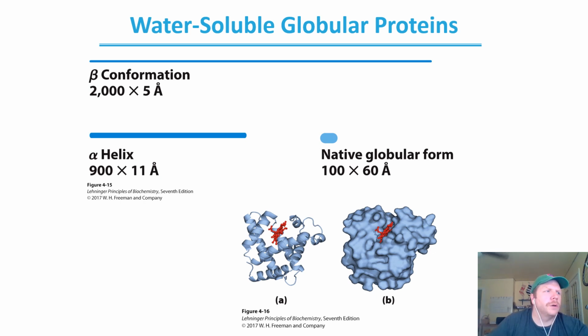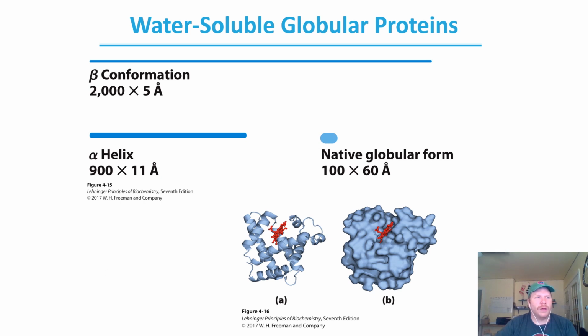So this right here is a representation of different proteins and how they would be displayed, basically the space that they would occupy if they were found in a specific configuration.